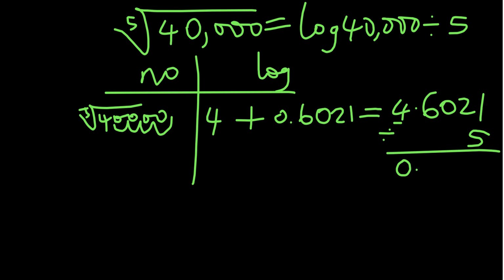Okay, 5 divided by 46 is going to give you 9, so it has to remain 1. So 5 divided by 10 is going to give you 2. 5 divided by 2 is going to give you 0. 5 divided by 21 is going to give you 4. 5 divided by 11 is going to give you 2.